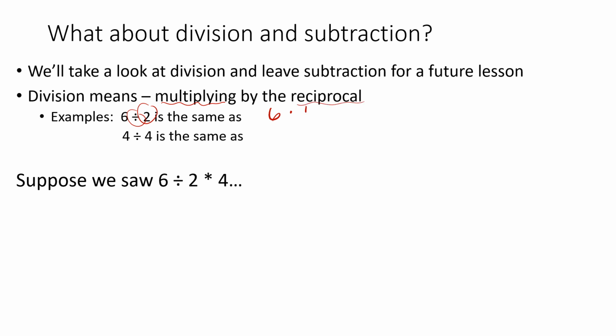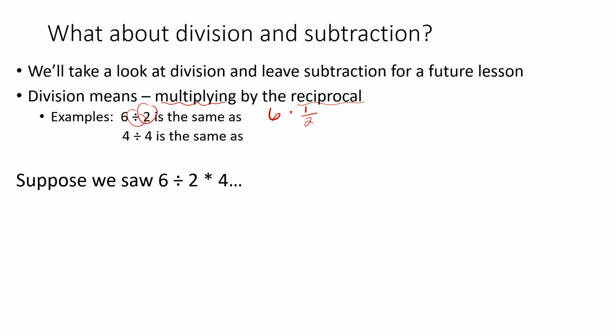The reciprocal of 2 is 1/2. So 6 times 1/2, or what might be more comfortable is half of 6. If I read it the other way, half of 6 is the same thing as saying 6 divided by 2. Both of those have an answer of 3.